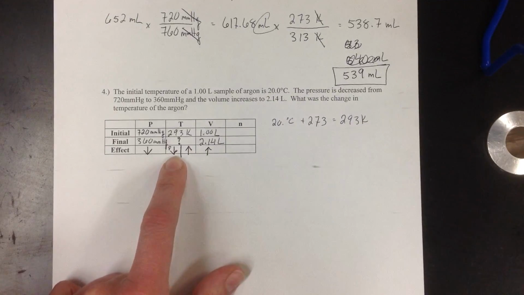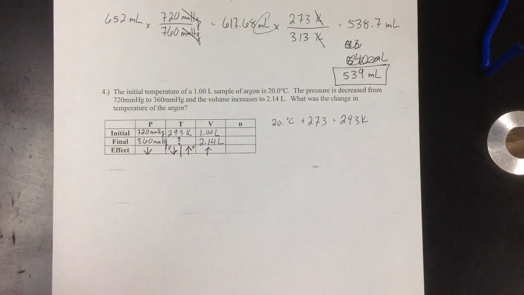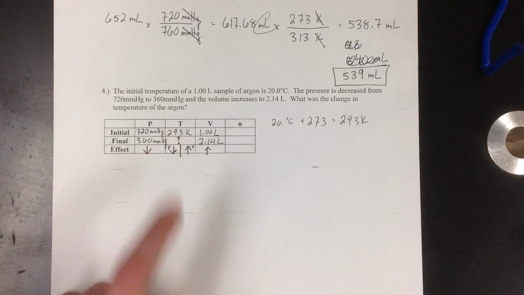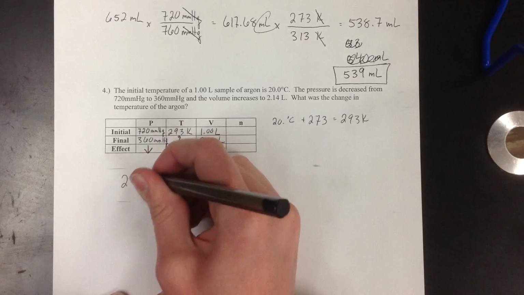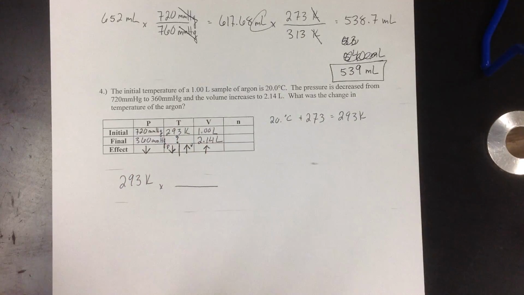Pressure is causing it to decrease. My volume is causing it to increase. So we're going to try to find some number that's different than my 293. Let's start with my 293 Kelvin. Again, it does not matter which of these we use first in our factor. It won't matter as long as you end up using both of them eventually.